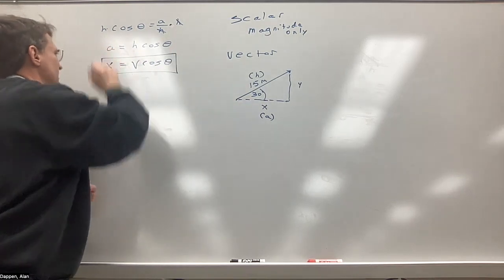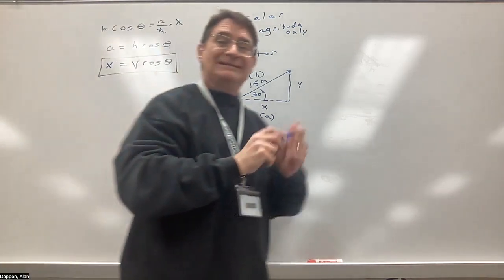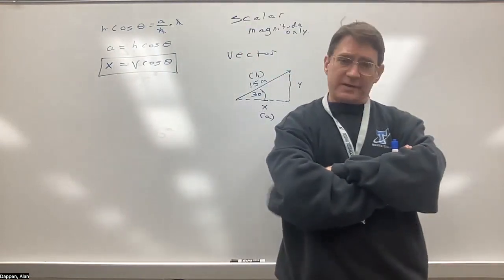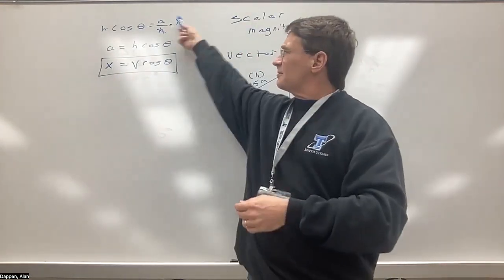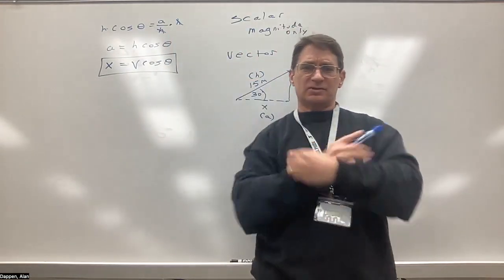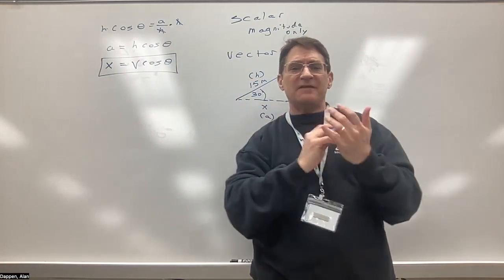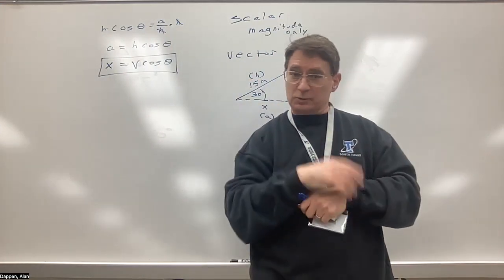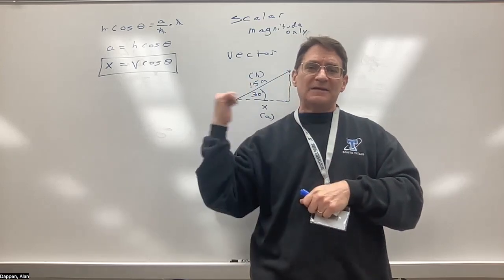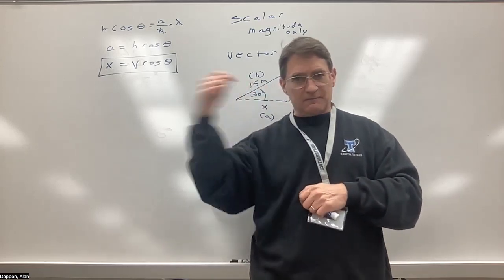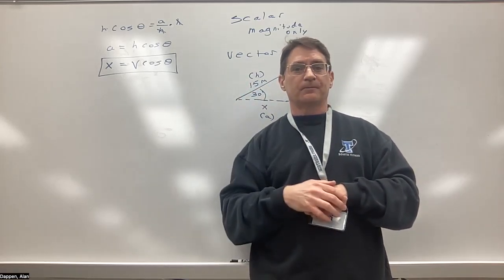In fact, I'm going to put a box around that because that is really nice to know. It's not on the equation sheet, but it comes from simple trigonometry based on this triangle. And it tells me that if I have a vector measured from the horizontal, which is what we typically do, I can find the horizontal component by saying v cosine theta. Okay.